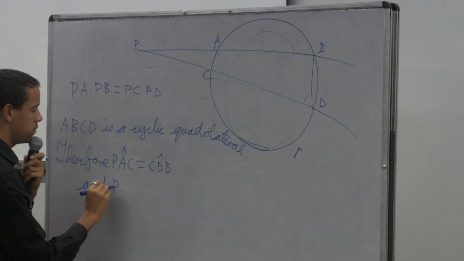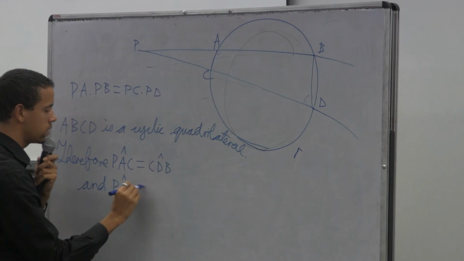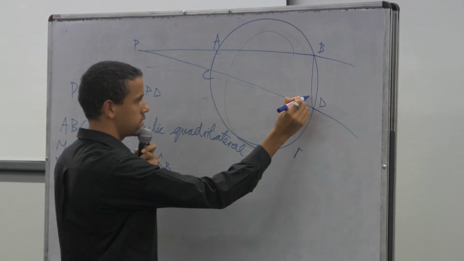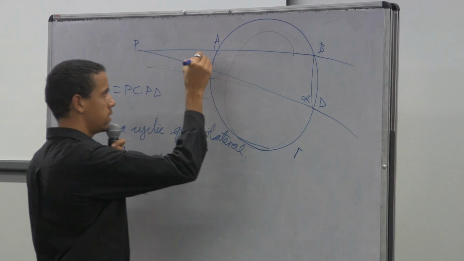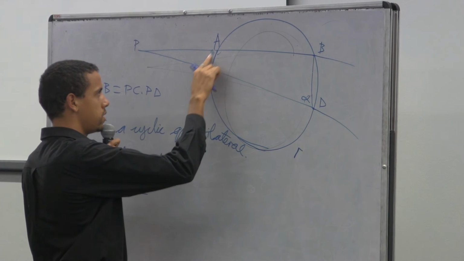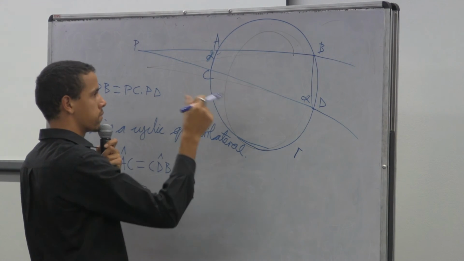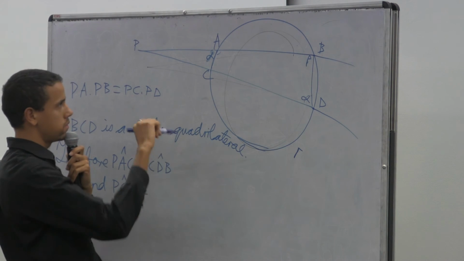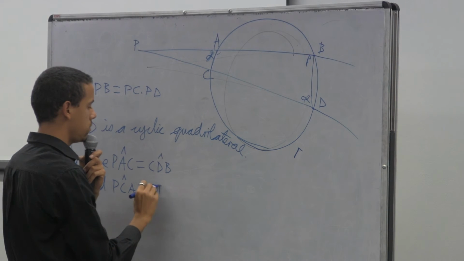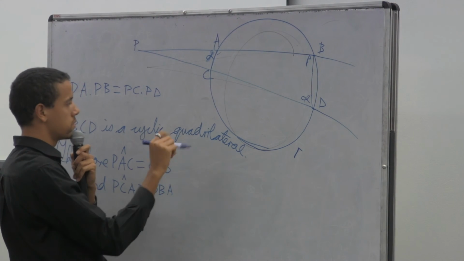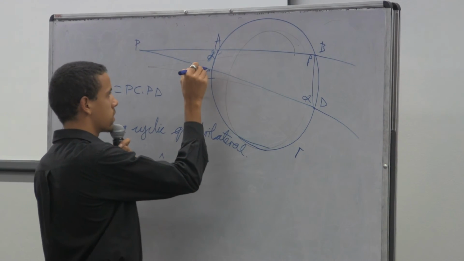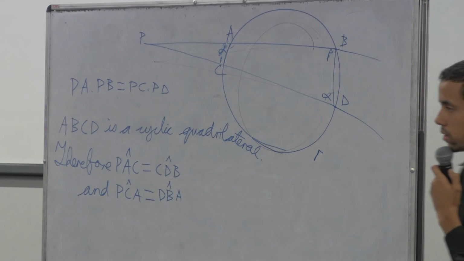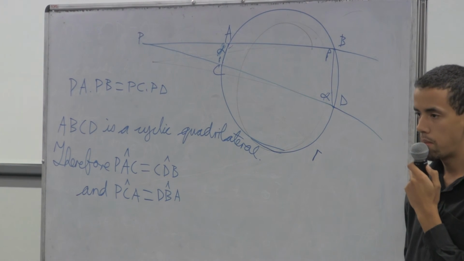And PCA is equal to, okay, so it's actually, let's make this alpha, that should be alpha as well. Make that beta, D, E, A. Yes, that's beta. Okay, so now there are two triangles there which are similar.